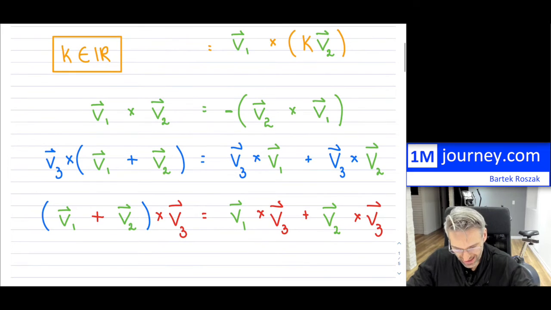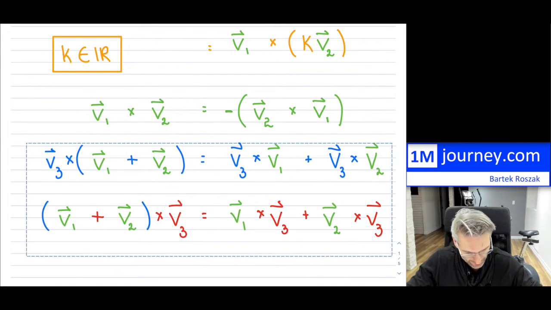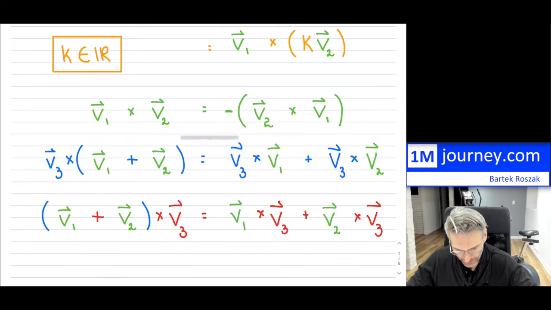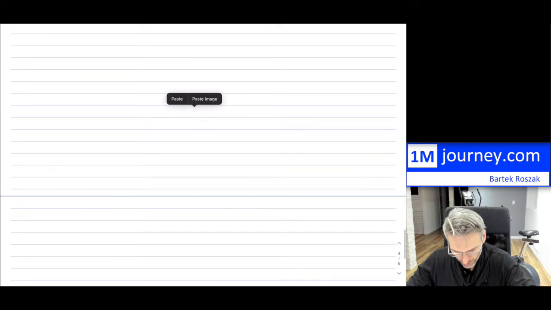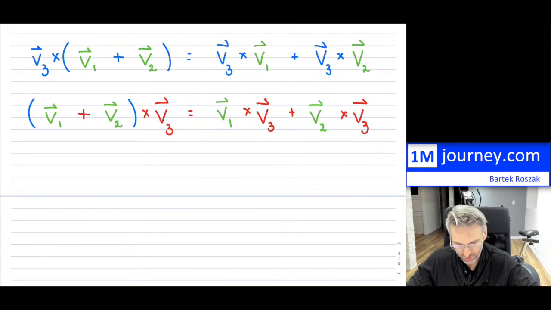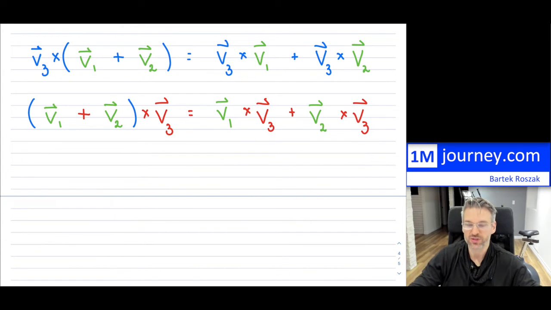And then your last set of properties, these ones right here. Let me copy this down and bring it all the way down over here. These are the last two, although they're very similar to each other. It does turn out that your cross product does distribute.